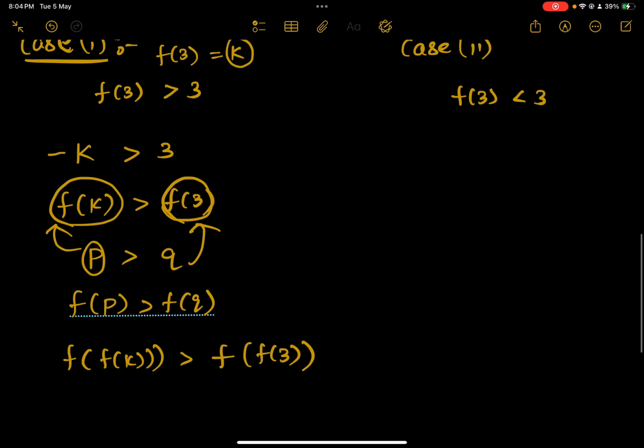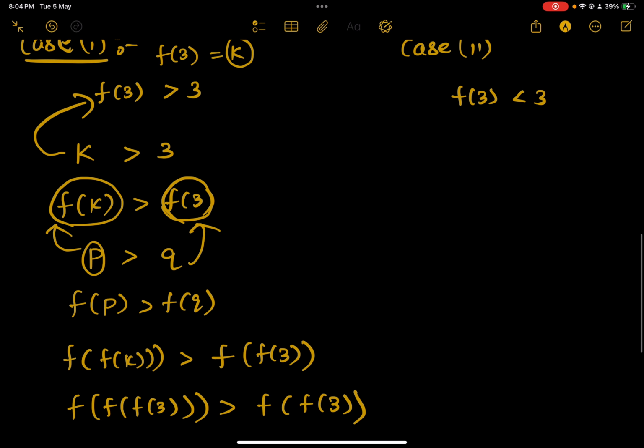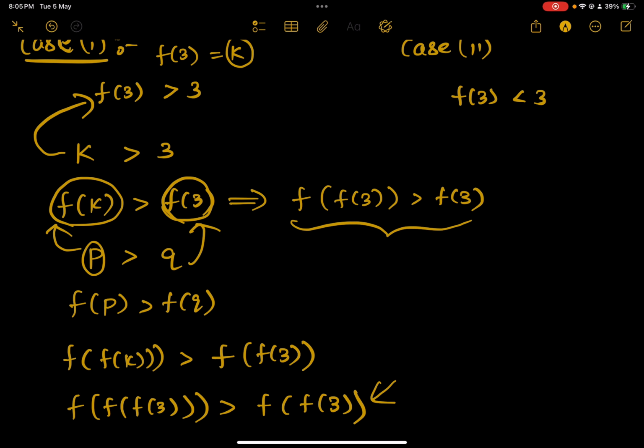Now what is k? K is nothing but f of 3. So f of 3 is greater than f of 3. So this is what we got. And if you consider f of k, which is f of 3, this is greater than f of 3. So we got this as well.